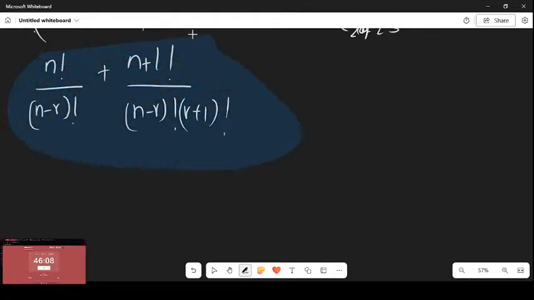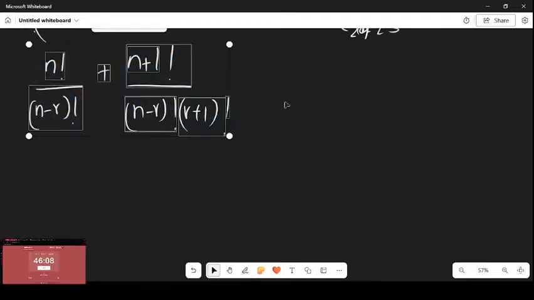Yeah, we will do a similar kind of question, completely similar. We have to find the coefficient of x to the power 52 in the expansion.